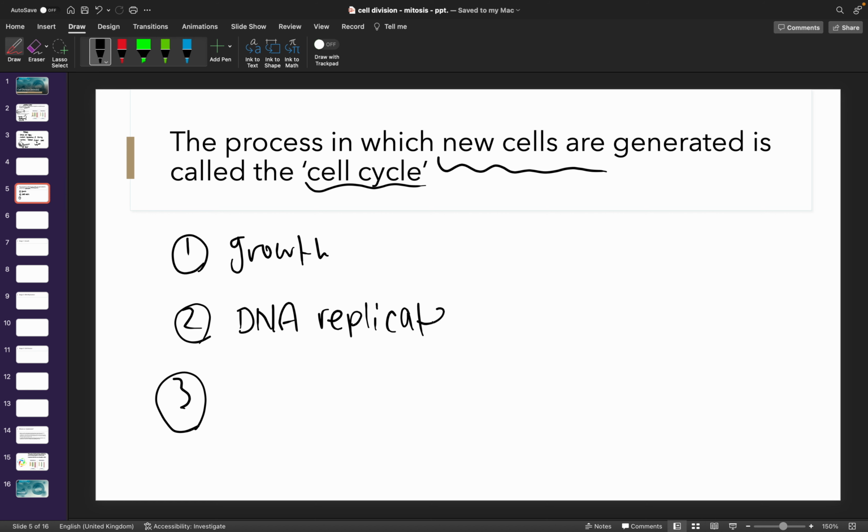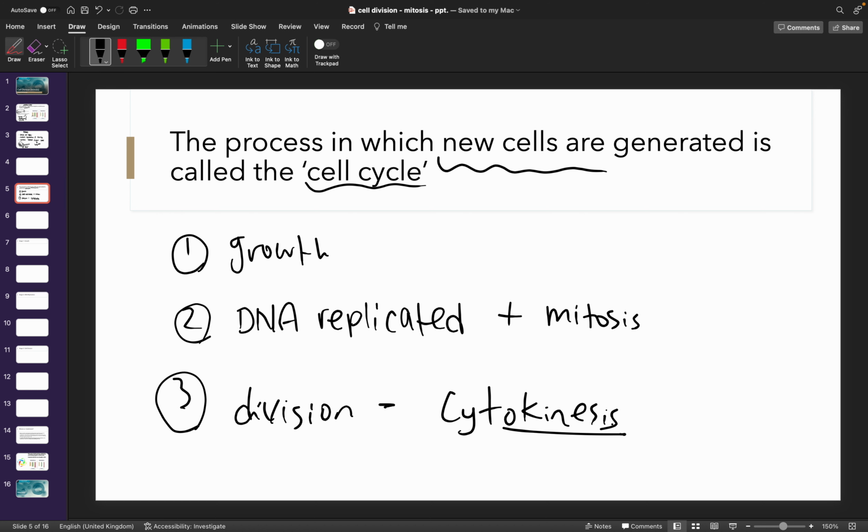That's a fancy word for saying an exact copy of the DNA is made, like with a photocopier. Then mitosis occurs. We'll look at how this works exactly in a moment. Then the cell gets divided into two new cells, and the fancy word for this is cytokinesis.